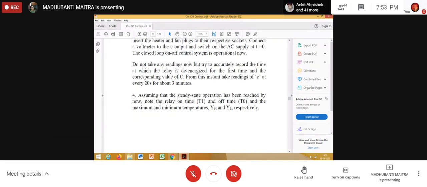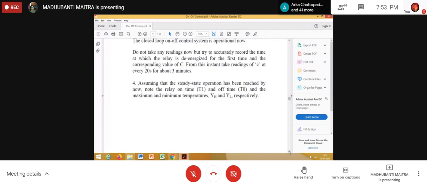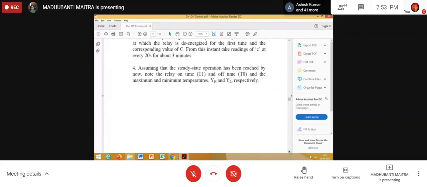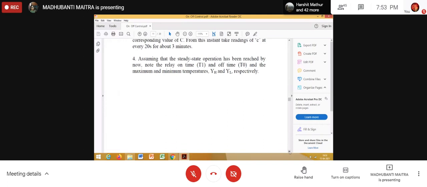So I've been asked to record the value of the temperatures or the corresponding voltages every 20 seconds, and what is the maximum temperature and minimum temperature, relay on time and off time: how long the relay is remaining energized, and for what duration the relay is de-energized.